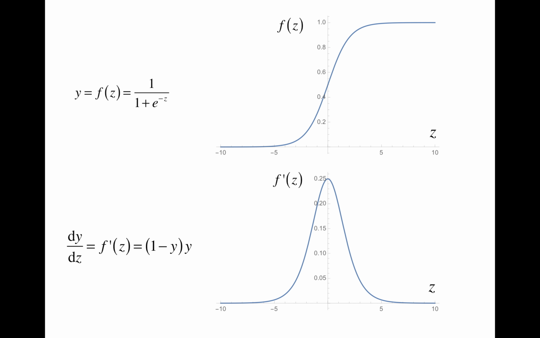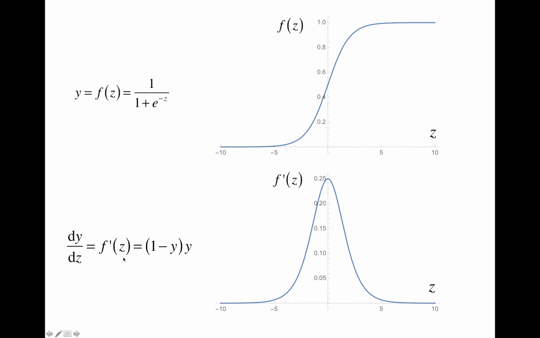Now, don't forget the derivative of the sigmoid function equals 1 minus the output, multiplied by the output. Y is the neuron output. Z is the thing that goes into that nonlinear function, and y is the thing that comes out of it.